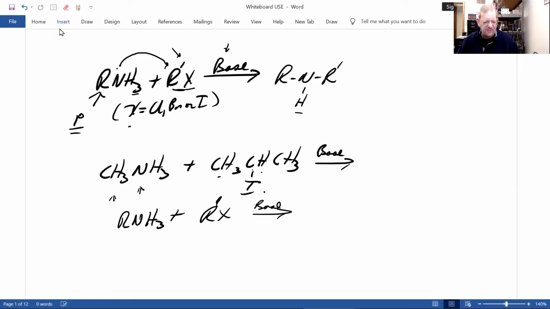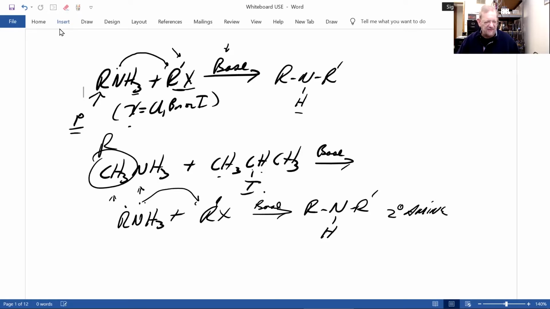Base. You have nucleophilic attack on the carbon with the halogen. You lose a proton and a halogen, you form a secondary amine. I'll never ask on a test what's primary, secondary, tertiary. So this is my R. This is my R prime.